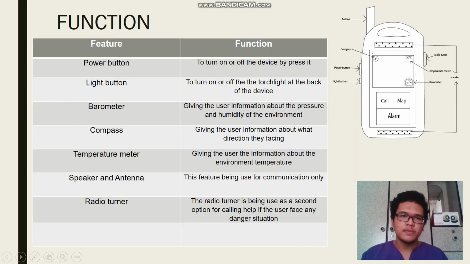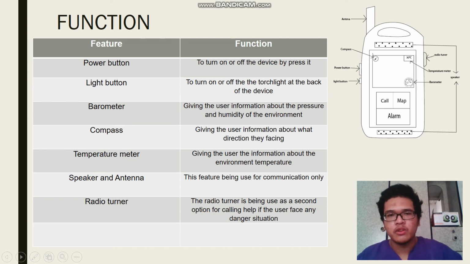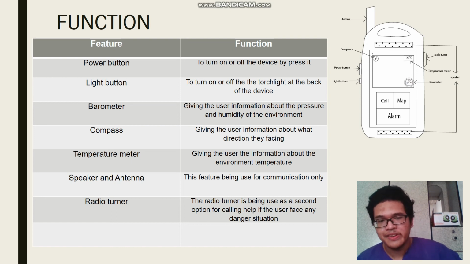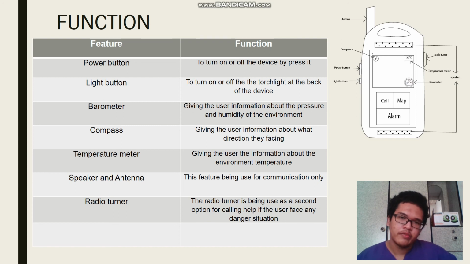Okay, the function. On the front look, the power button turns the device on or off by pressing it. And the light button turns the torchlight at the back of the device on or off. The barometer gives the user information about the pressure and humidity of the environment.